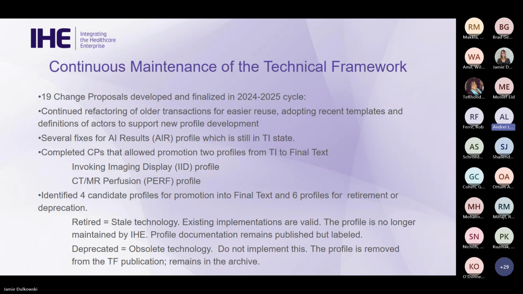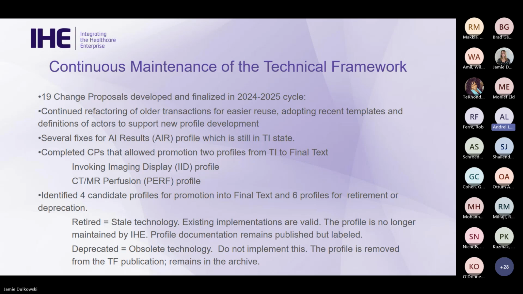We have completed CPs and promoted to final text 2 profiles. One is invoking imaging display, again a profile which has been used by a variety of vendors in real life environments, and even though it is a fairly simple profile, it serves very real needs. And also the CT MR perfusion profile, which is a content profile that has also been on the books for quite a while.